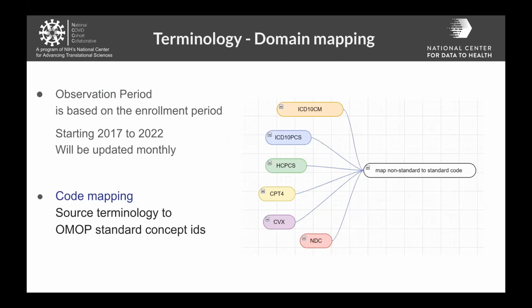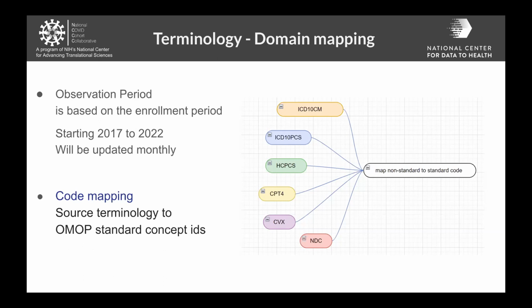So here, all the codes that exist in the source data were ICD-10-CM, ICD-10-PCS, HCPCS, CPT, CVX codes, as well as 11-digit NDC codes. And those are all mapped to the proper OMOP concept IDs using the OMOP vocabulary tables.